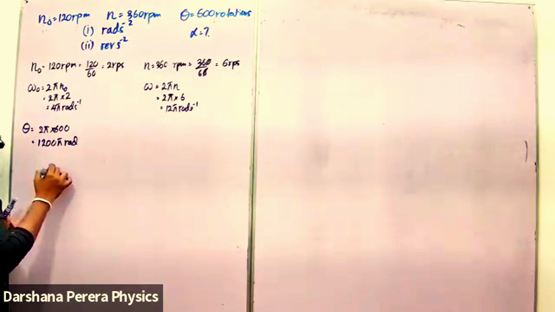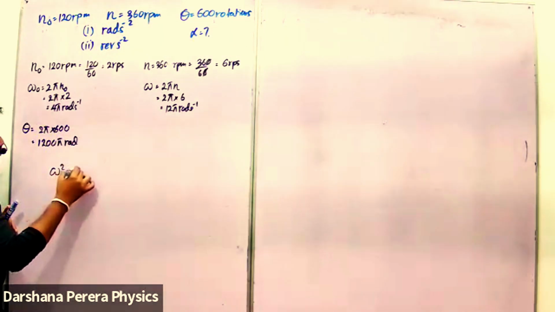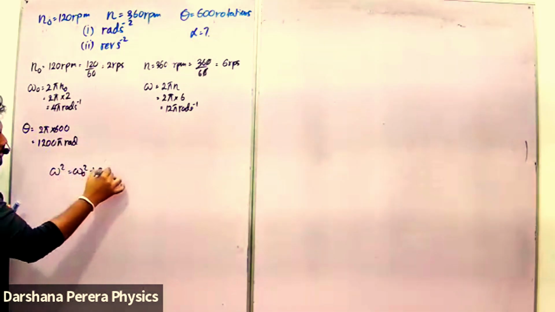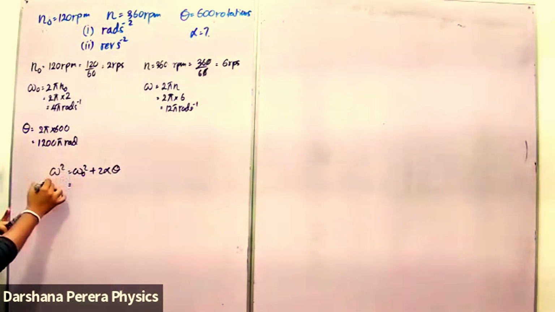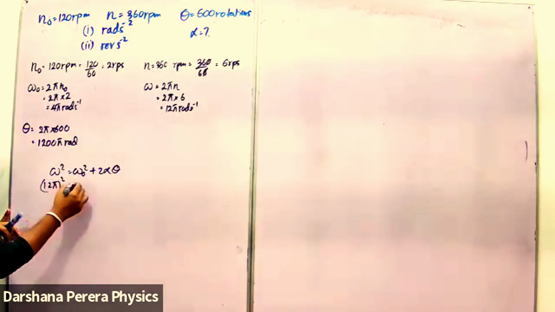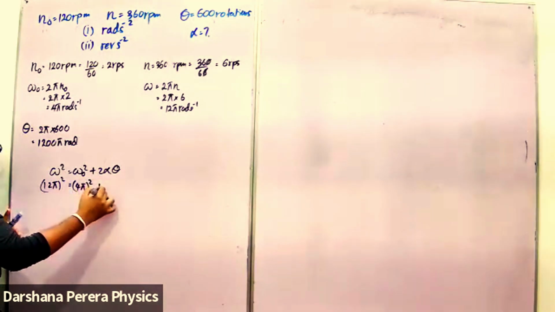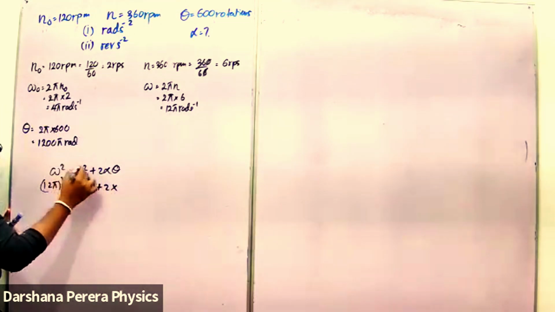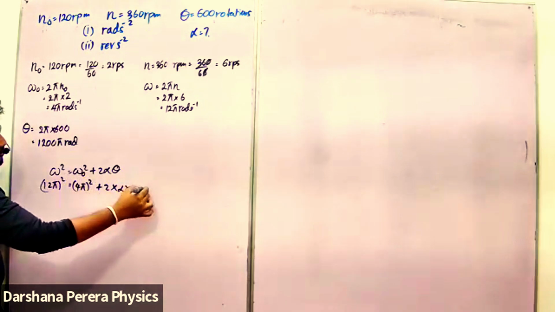Then we can apply alpha. How to find alpha? Omega squared equals omega naught squared plus 2 alpha theta. Omega squared means square of 12 pi. Omega naught squared is square of 4 pi. 2 alpha we have to find, theta means 1200 pi.